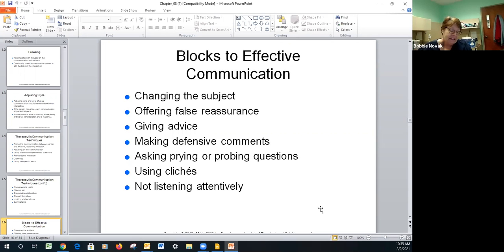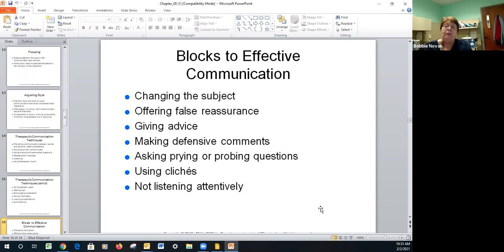Okay, a cliche is a statement that you make that's just kind of a broad definition, like the grass is always greener on the other side. That's a cliche. Or it's always darkest before the storm. All right, that's not helpful. It's not identifying the patient's situation. It stereotypes the patient and it negates their feelings. So please, no cliches.